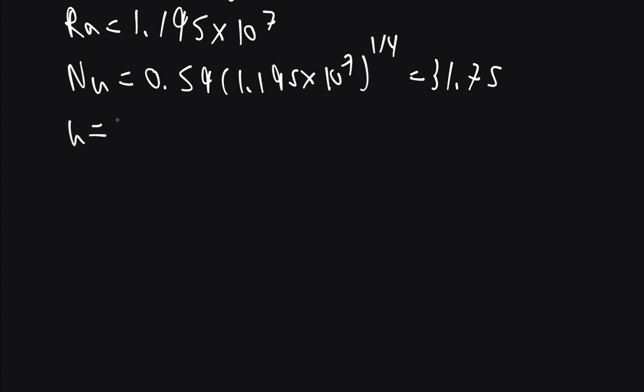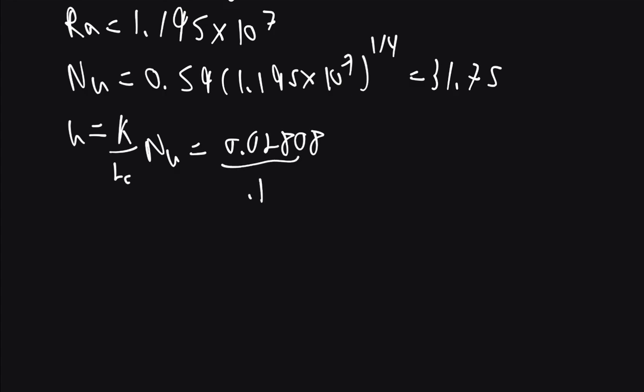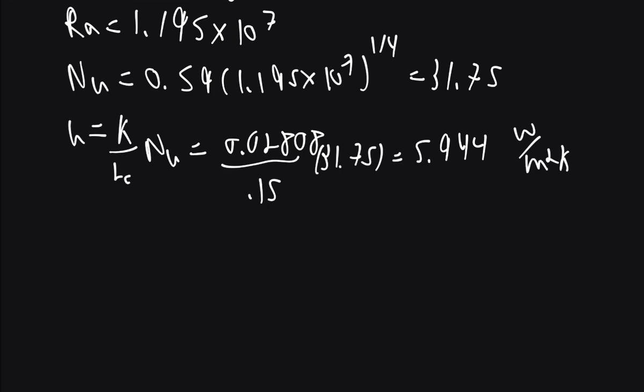Then we have h is k over Lc times the Nusselt number, and we have all of those. So we'll just calculate the h, it is 5.944.